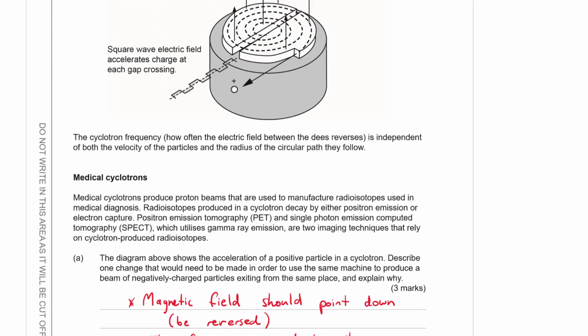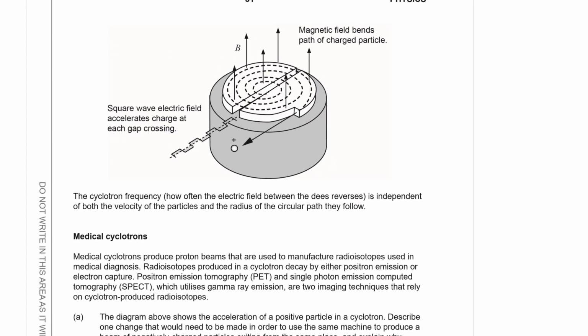If we look at this waveform, it reverses. So one period would be between here and here, which means it's going to be reversing once, twice, and then once, twice. So it actually will reverse twice per orbit.